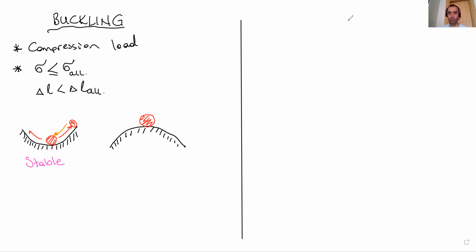When we move it left or right, it goes all the way down the hill, so it can't come back. Its balanced position is completely changed, and the balance is broken here. So this is the unstable case.